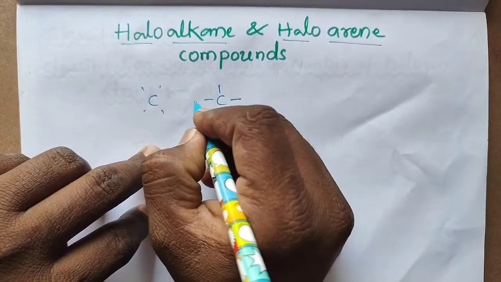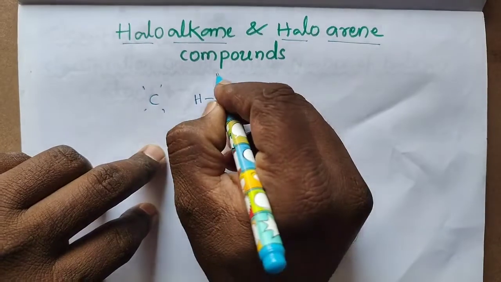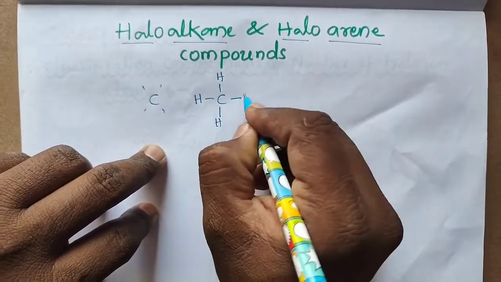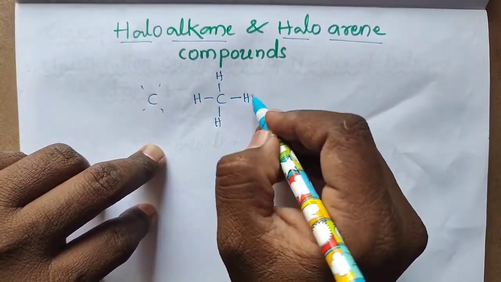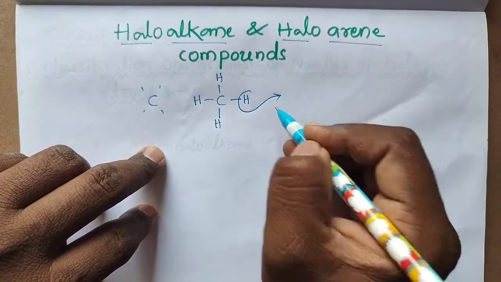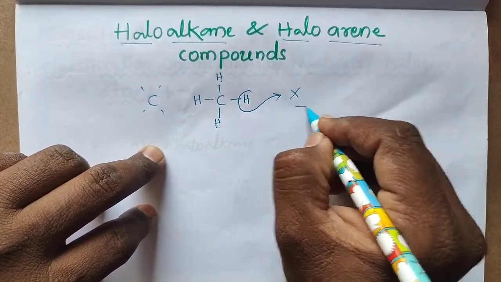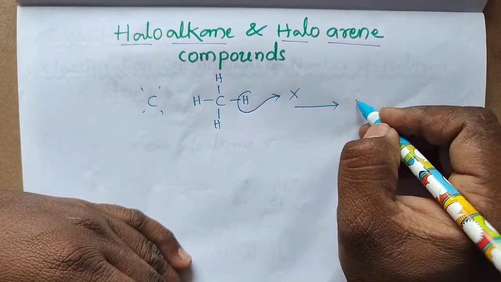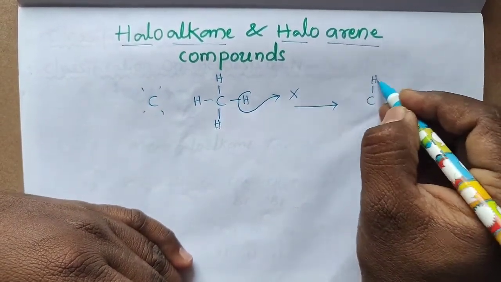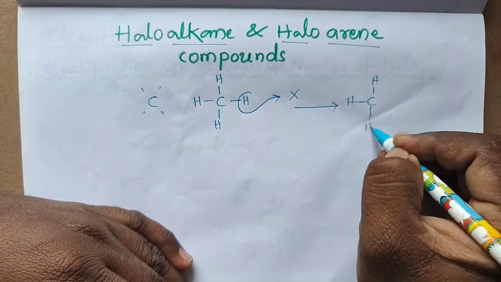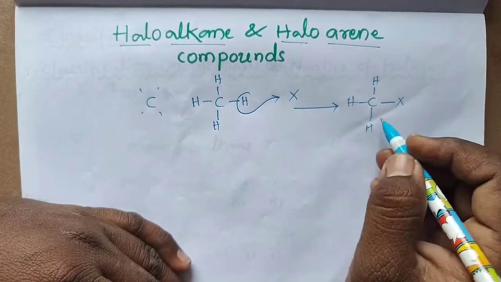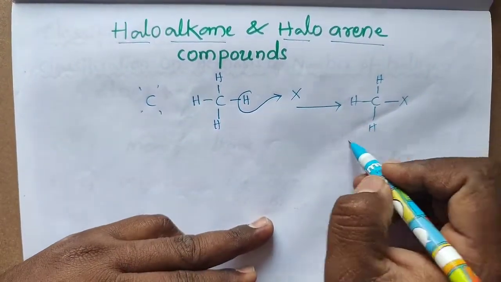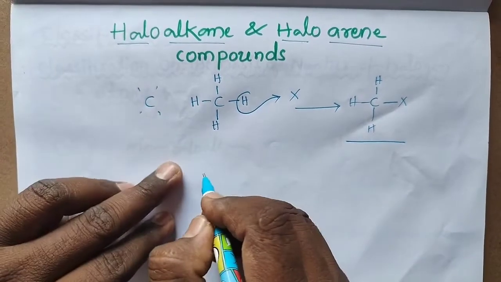We call it a hydrocarbon because it contains hydrogens. When one of the hydrogen positions is replaced with a halogen, we call it a haloalkane. Hydrogen replaced by halogen.